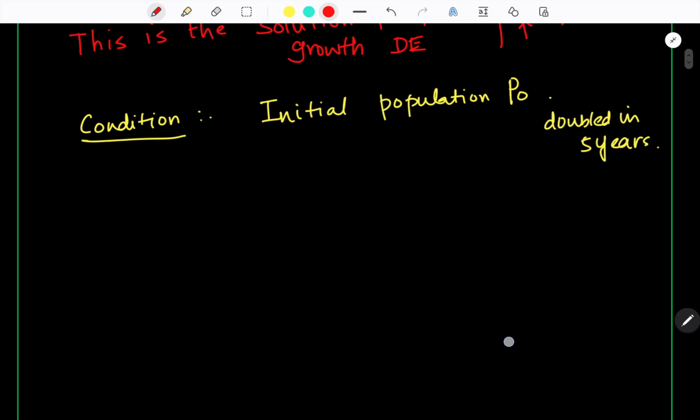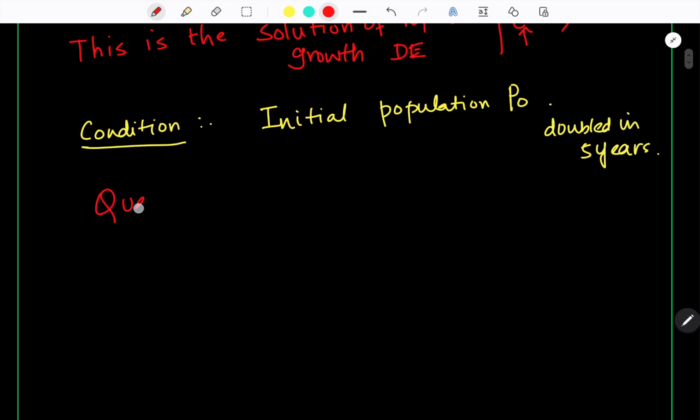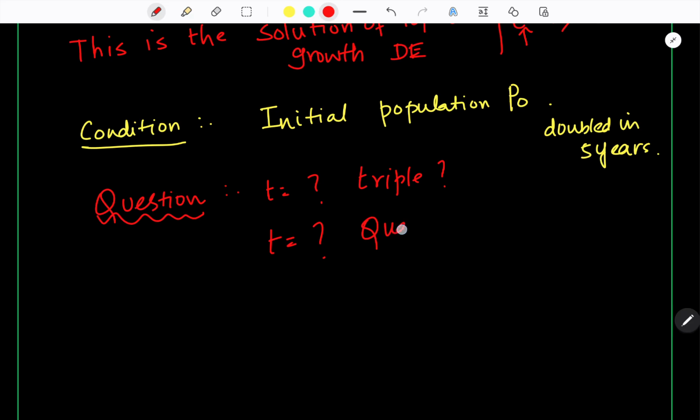The question is when the population will be triple, and when the population will be quadruple, which is 4 times. Sorry, I was writing double, but double is already given.